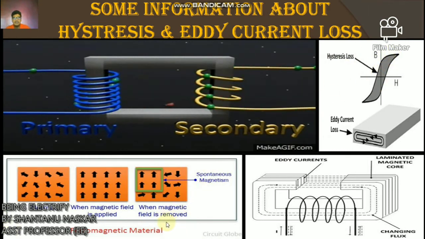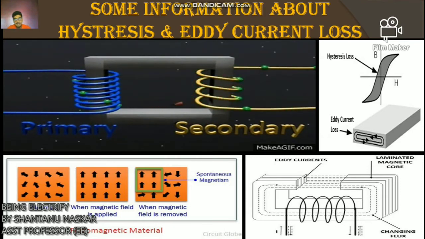Now we will discuss the details about eddy current loss. Eddy currents are induced in the core of the transformer when the alternating flux links with it. The flux induces an EMF in the core, because of which a circulating current develops.